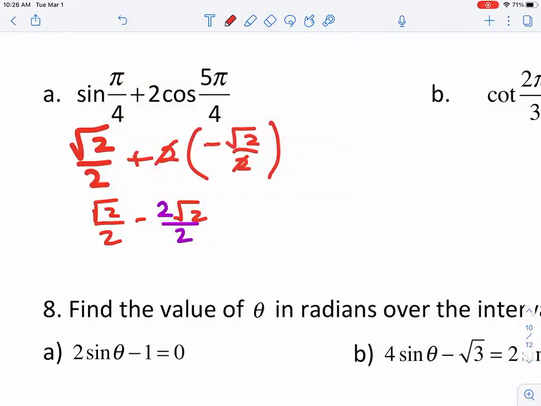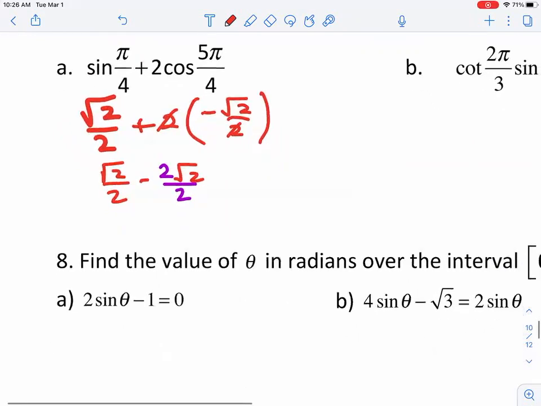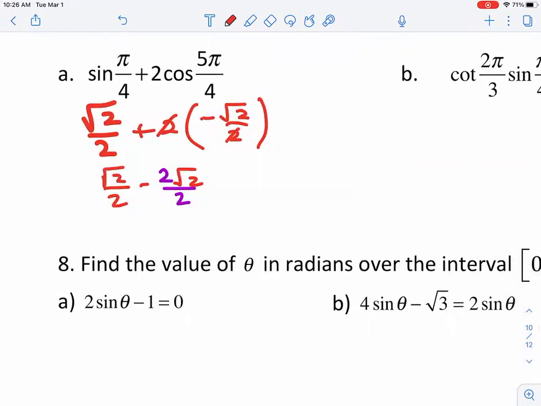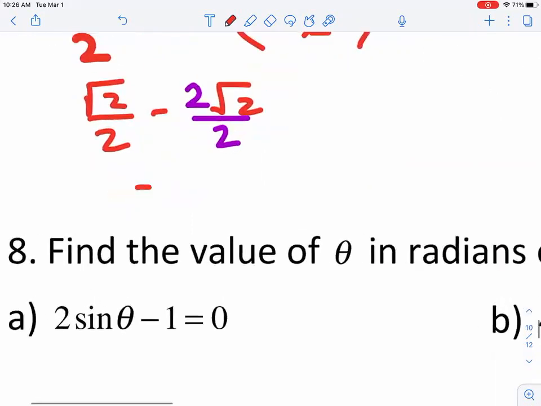So I made the right side 2 root 2 over 2. So now I subtract: 1 root 2 minus 2 root 2 is negative 1 root 2 over 2.